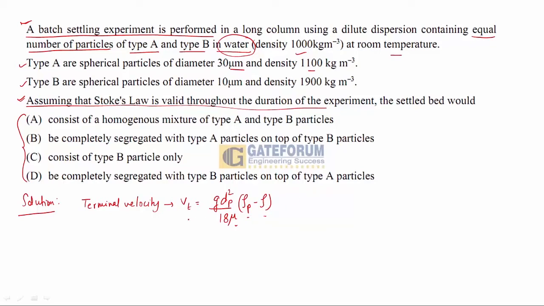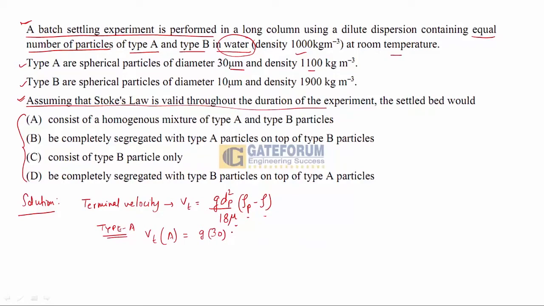Okay, so now let us calculate this value for type A particles. Vt for type A will be, let us not substitute the values of g, let us keep it as g only. But dp let us substitute, so it is given as 30 micrometer.